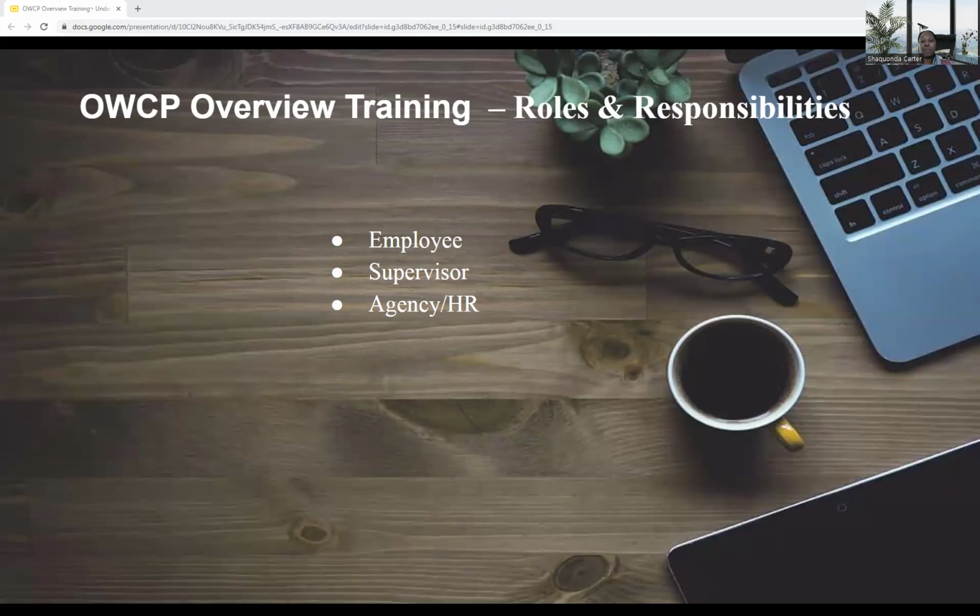Okay, so roles and responsibilities. OWCP works smoothly when everyone understands their role. So let's break this down. We have the employee, supervisor, and agency/HR.